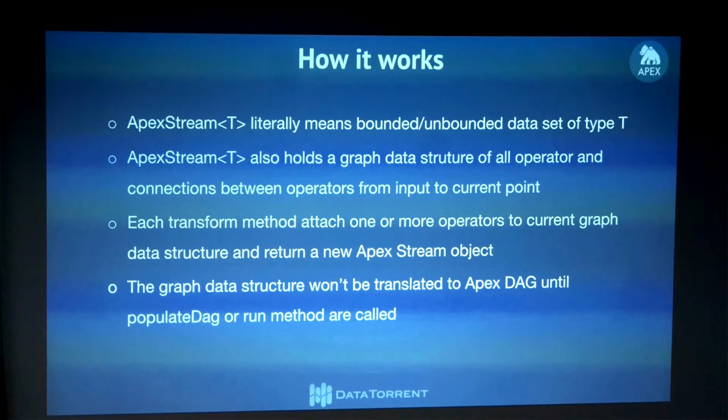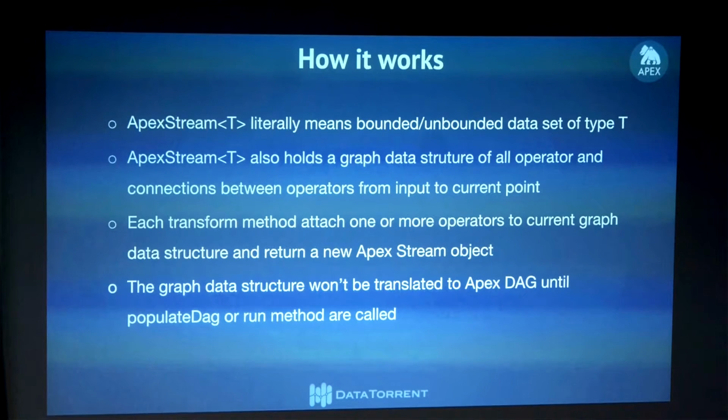But one thing you should notice is that the graph data structure in this implementation is not the same as the DAG in Apex. It's just a graph data structure. It just keeps the order in which you add those transforms. It won't be translated to the Apex DAG until you put all the transforms you want together and call the populateDAG method or the run method.